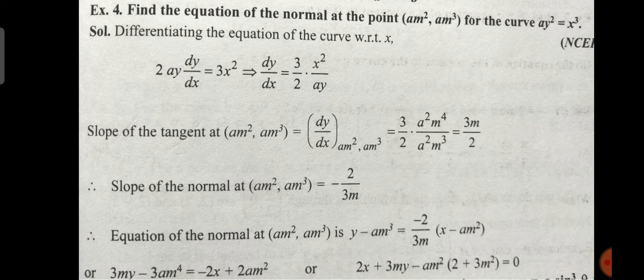Take the reciprocal or directly substitute. If you have not taken the reciprocal, you can directly substitute the negative of 1 by m into the equation, and then rearrange and simplify the equation, you will get the answer.